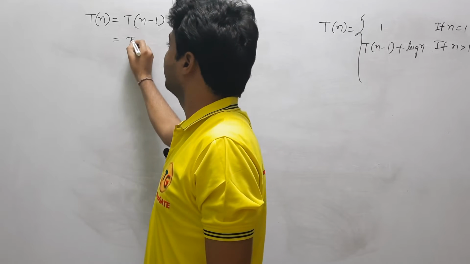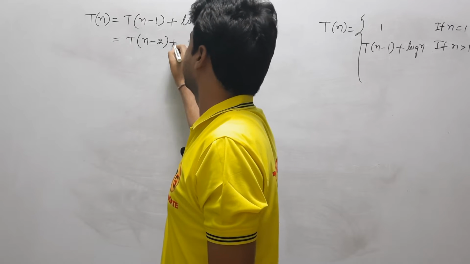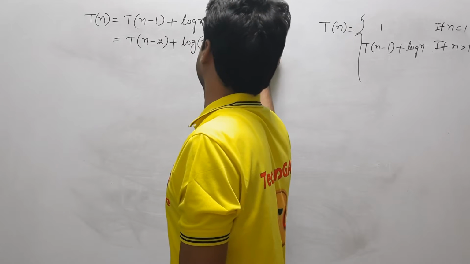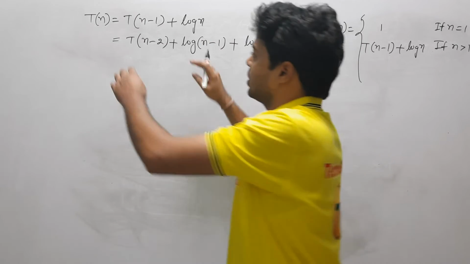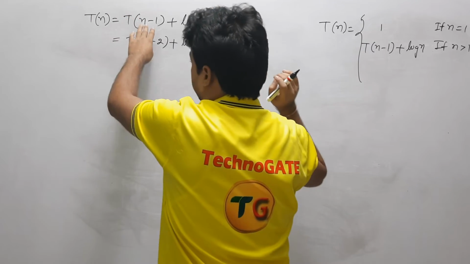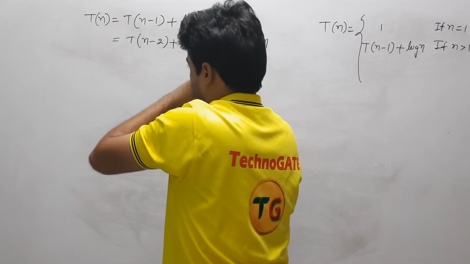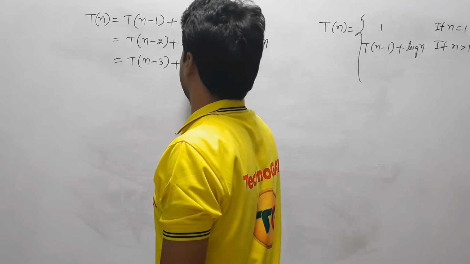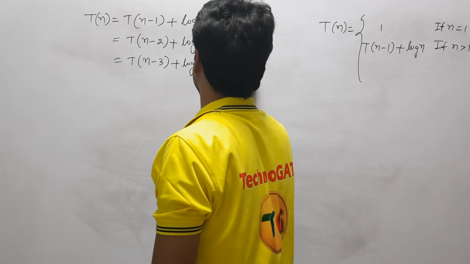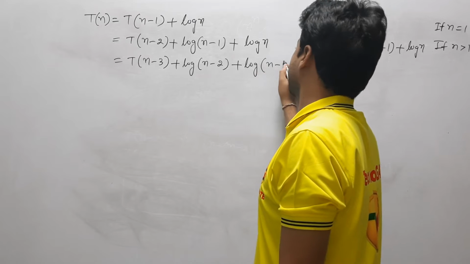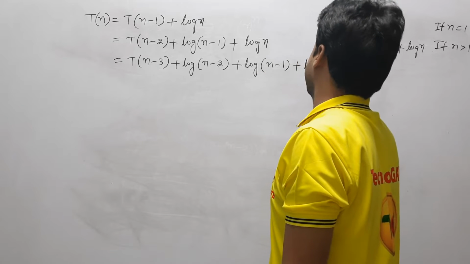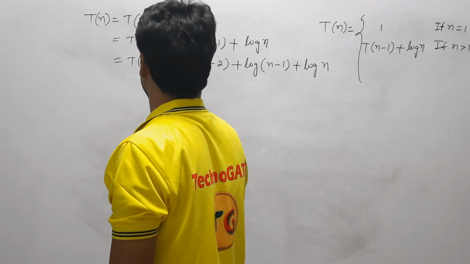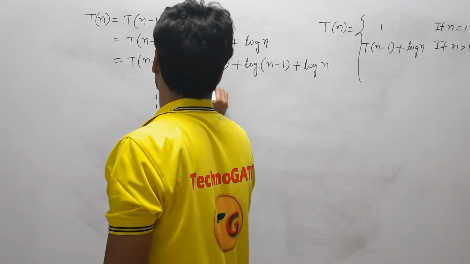So T of n minus 2 plus log n minus 1 plus log n. Put this equation in place again, so n minus 2, log n minus 1, plus log n. Again, T of n minus 3 plus log n minus 2 plus log n minus 1 plus log n. So it goes n minus 1 times.